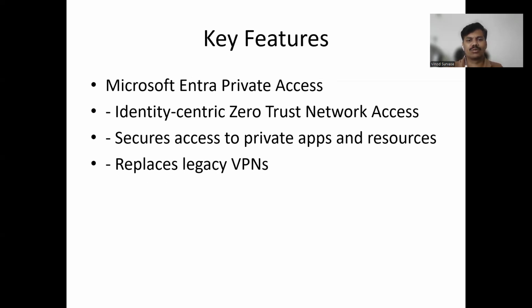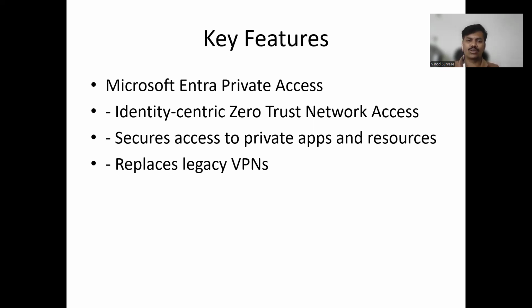So let's look at the first one. The first one is Microsoft Entra Private Access, right? It is an identity centric zero trust network access capability, which also provides the networking capabilities in a zero trust configuration.